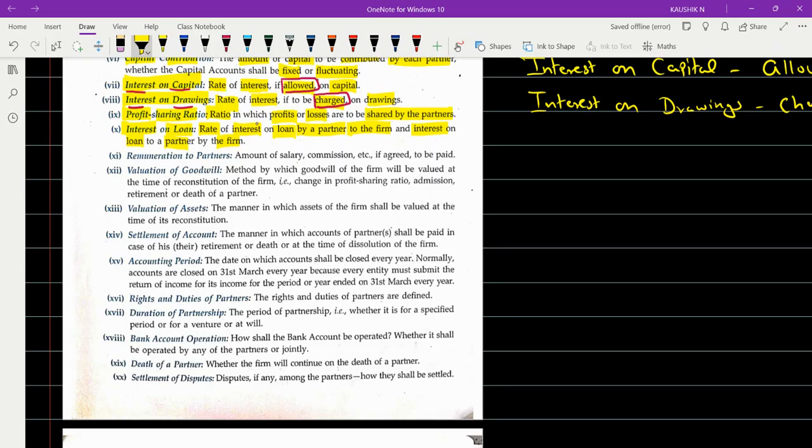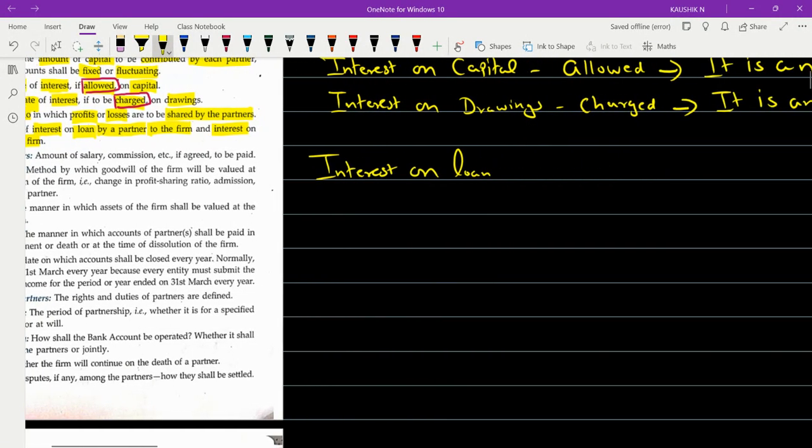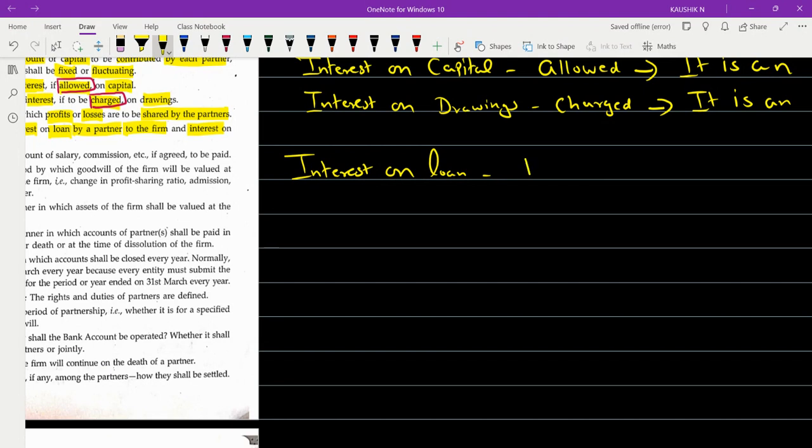That is very important. Suppose you have not mentioned the interest rate, let me give you two scenarios. First scenario is interest on loan given by partner to firm.